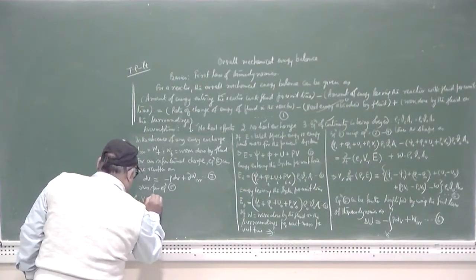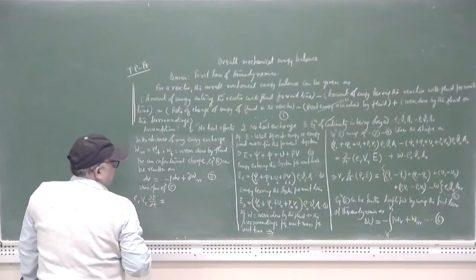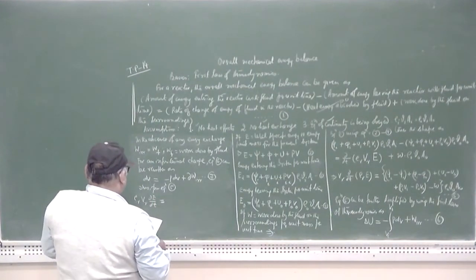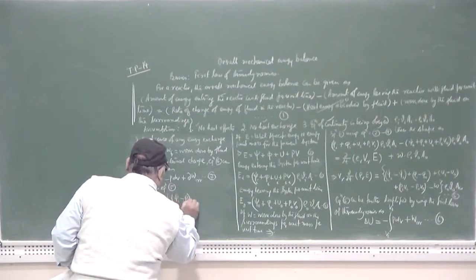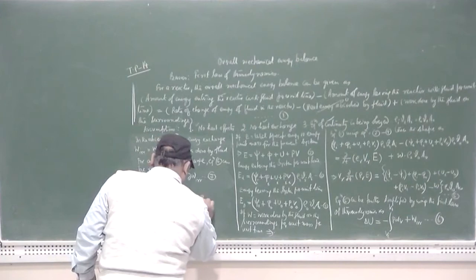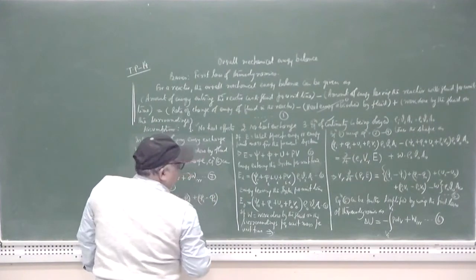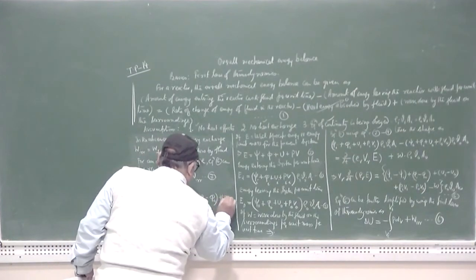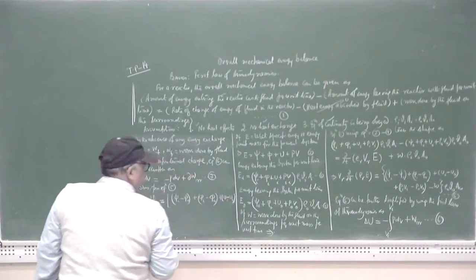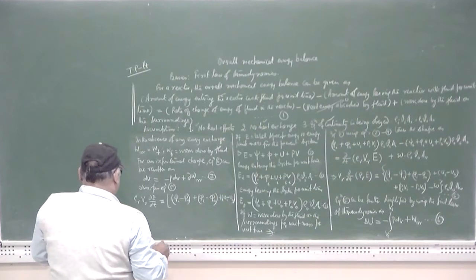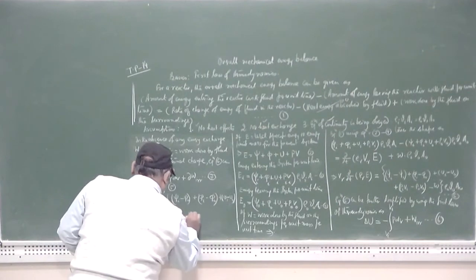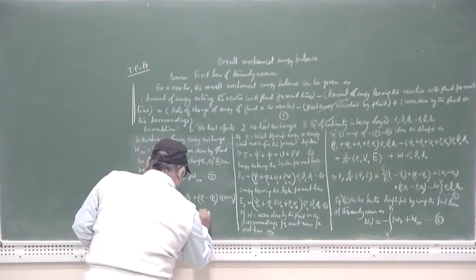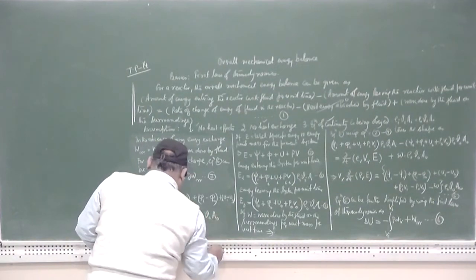So, we can write rho r Vr dE by dt should be equal to psi I minus psi naught plus phi I minus phi naught plus u I minus u naught plus p I v I minus p naught v naught within bracket, minus W, and the whole multiplied by rho naught V naught A naught.